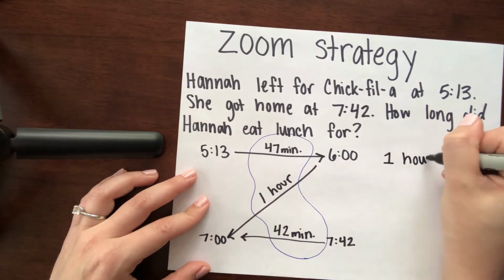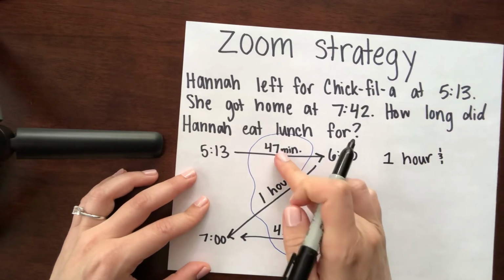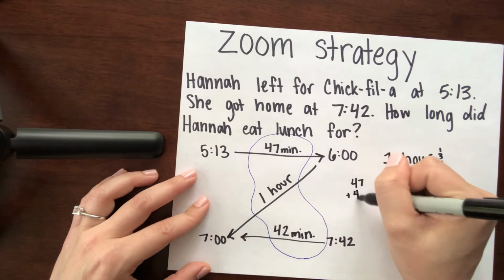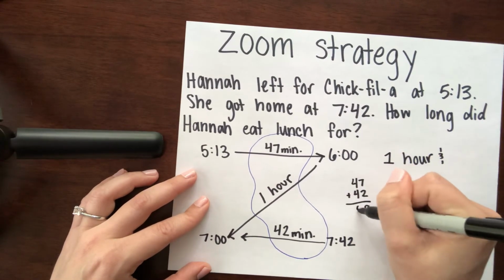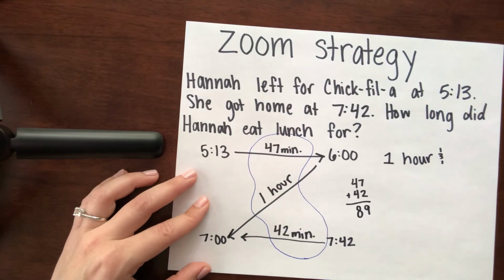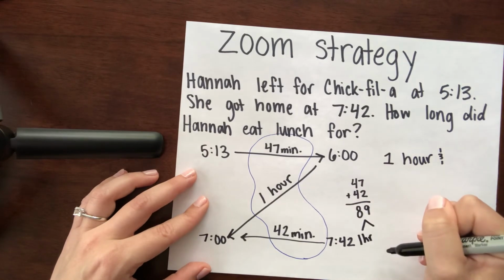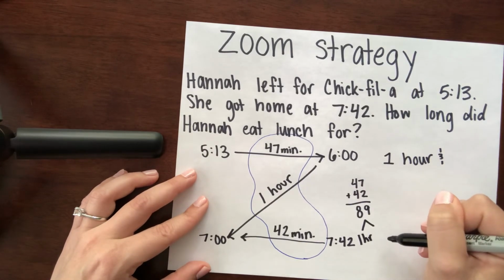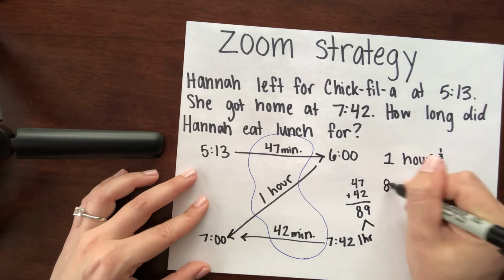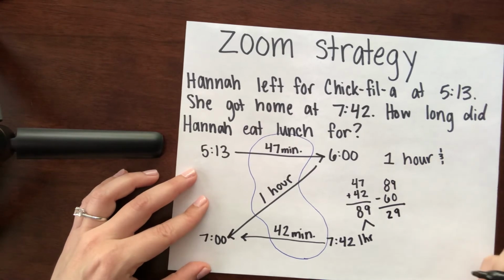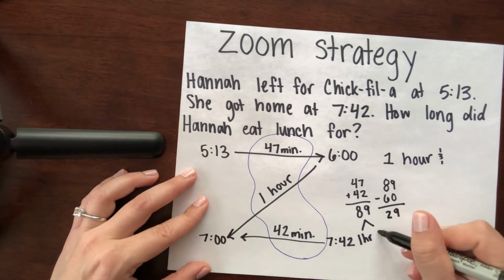This one's going to be a little bit different, because if I write down my hours, 1 hour, and 47 plus 42, that's going to give me a number that is greater than 60. And we know how many minutes are in an hour. 60. So I'm going to take 1 hour away, and I need to figure out how many minutes are left. So if I have 89 minus 60 for an hour, that's going to give me 29 minutes.